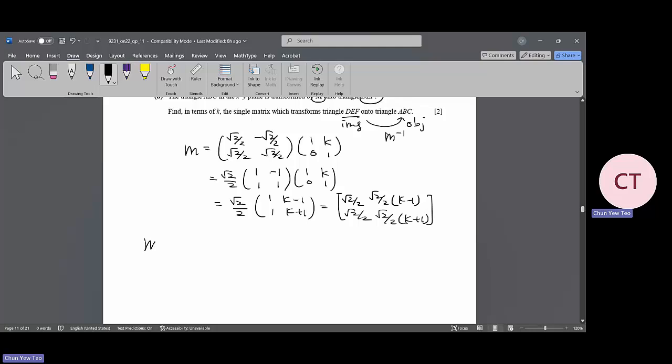Then we can find the M inverse. So the M inverse will be 1 over the root 2 over 2 squared, K plus 1, minus the root 2 over 2 squared, K minus 1. And then these two values you swap, and these two you change the sign.